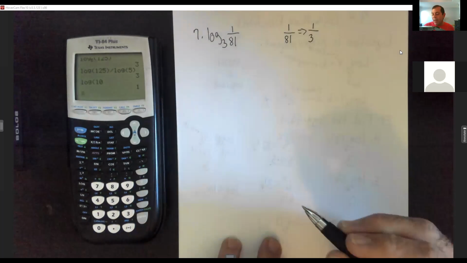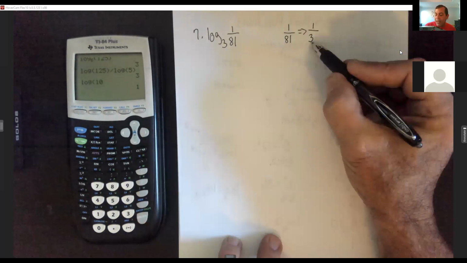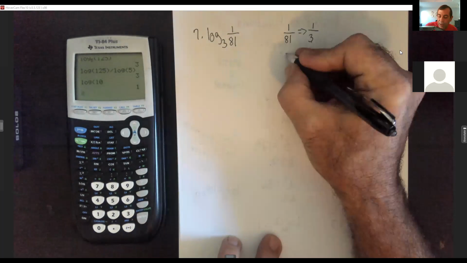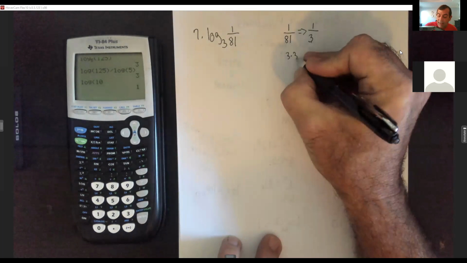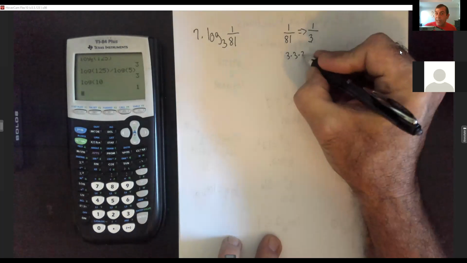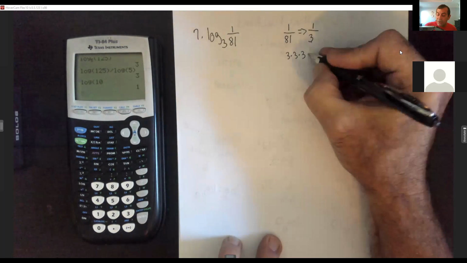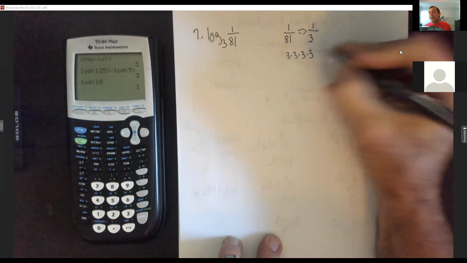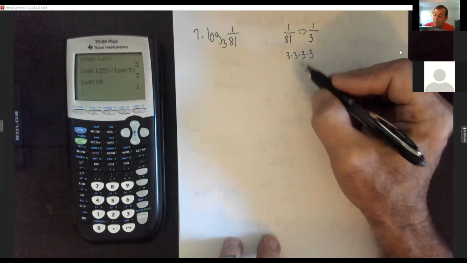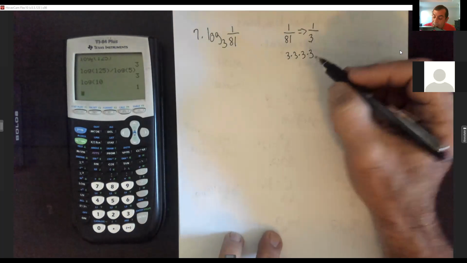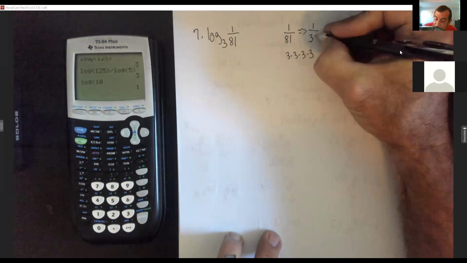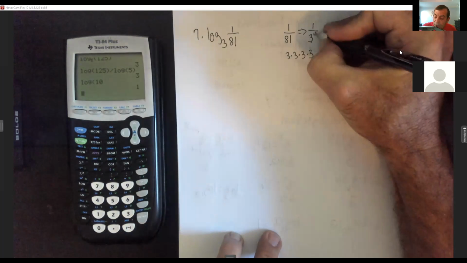Let's figure out how many times we have to multiply 3 to get 81. 3 times 3 is 9, times 3 is 27, times 3 is 81. Since I did that 4 times, the 81 rewrites as 3 to the 4th.